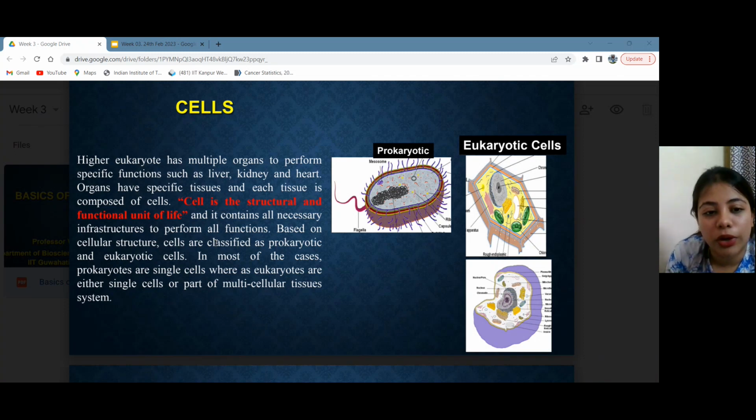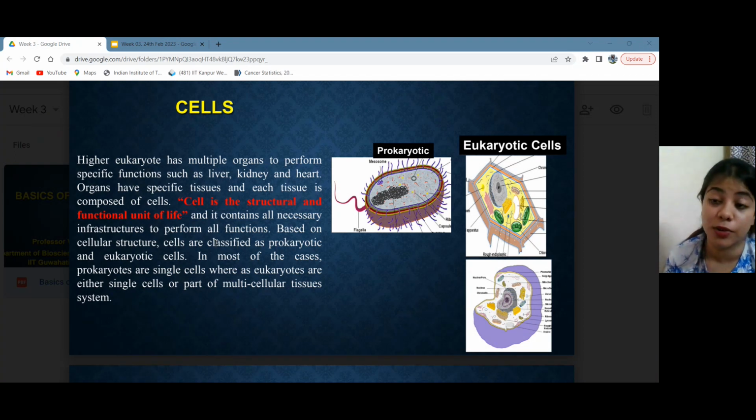After that, we talk about how cells can be classified as prokaryotic or eukaryotic. Here you can see that a prokaryotic cell, the most common example being a bacterium, is a single cell, whereas eukaryotes are also capable of being single cells.